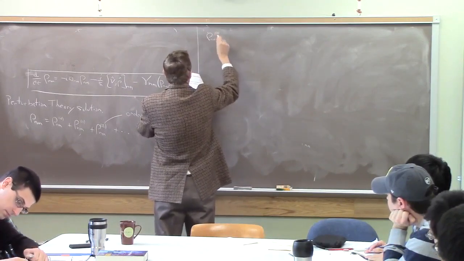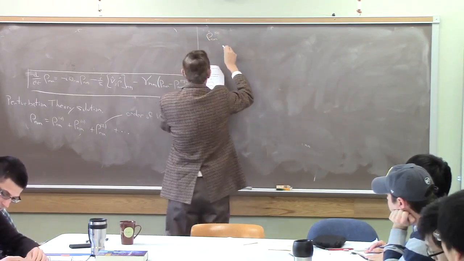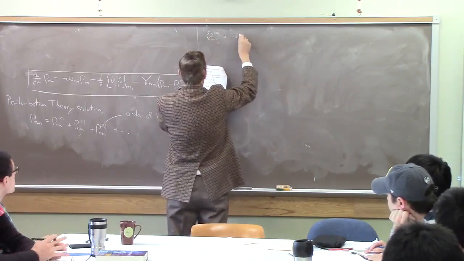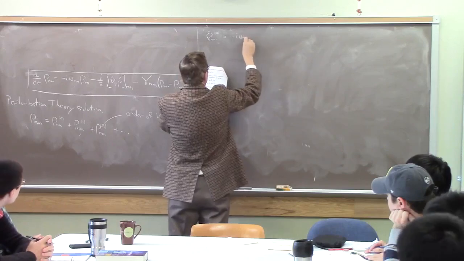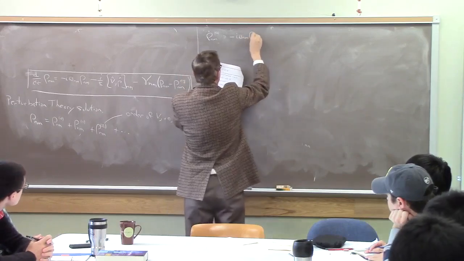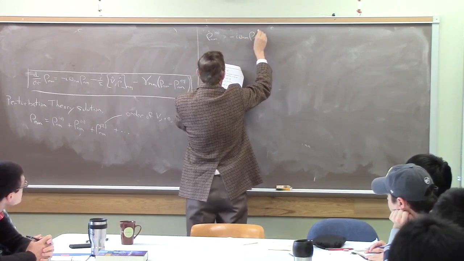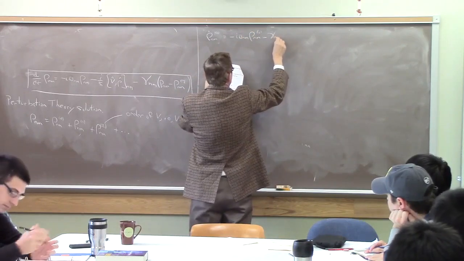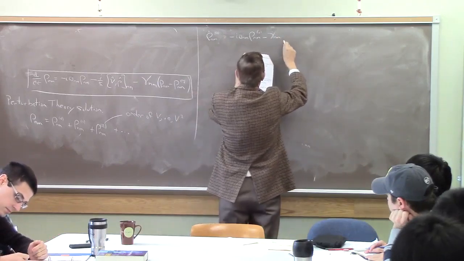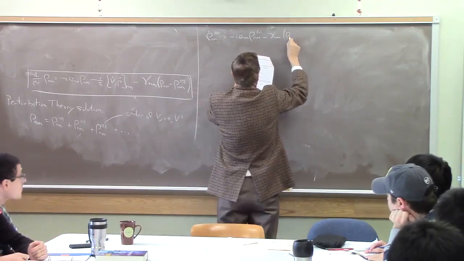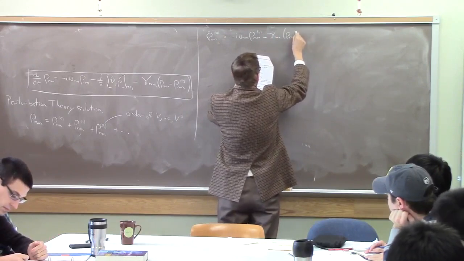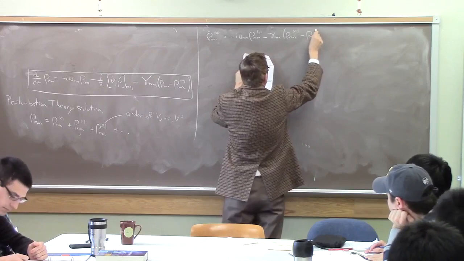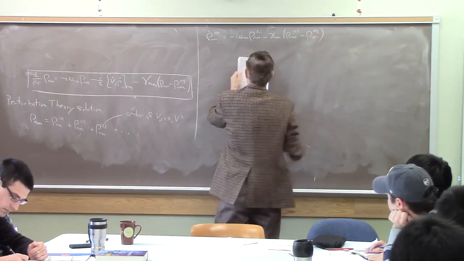dot, the time derivative, is equal to minus i omega n m rho n m 0 minus gamma n m (rho n m 0 minus rho n m equilibrium).